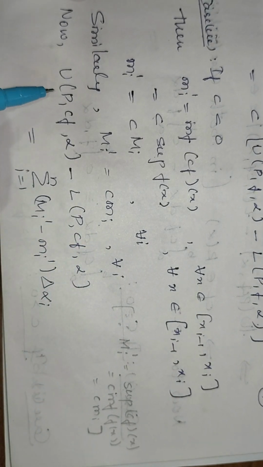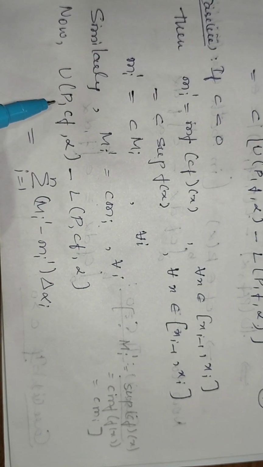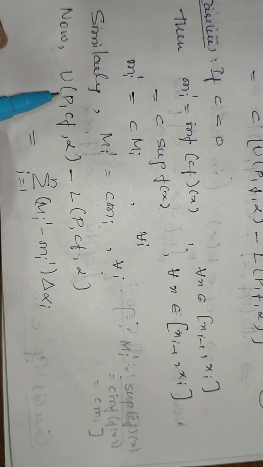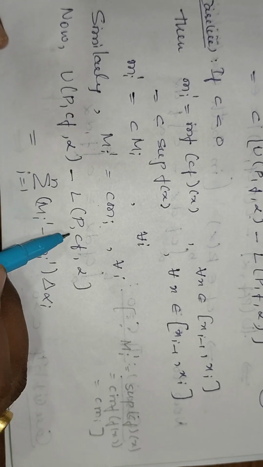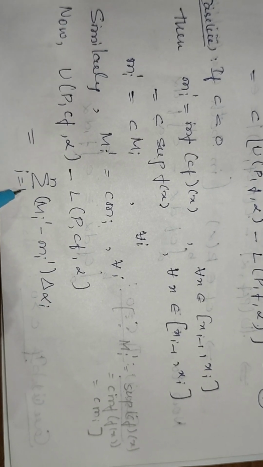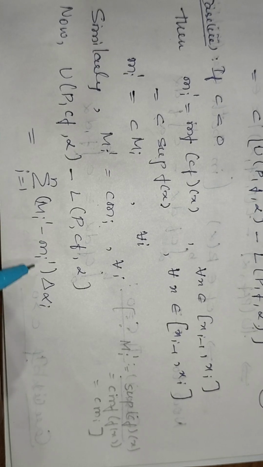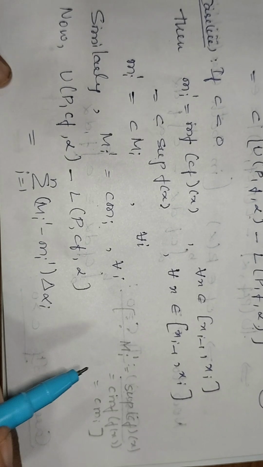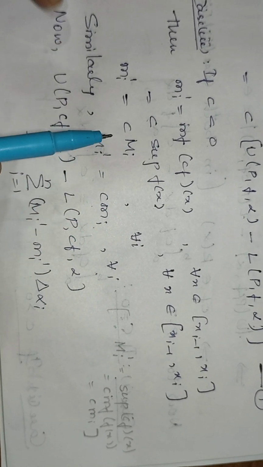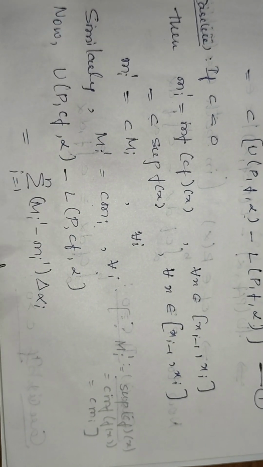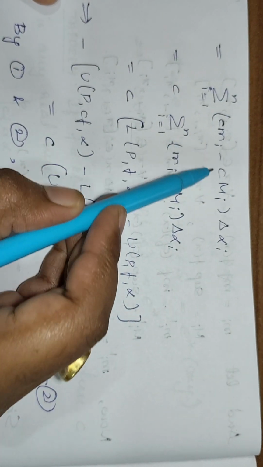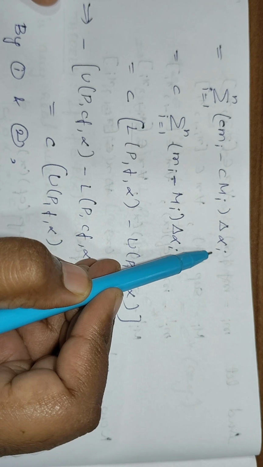Now if I take the difference between the upper sum and lower sum of cf with respect to the partition P, I have U(P, cf, alpha) minus L(P, cf, alpha) is equal to summation i equal to 1 to n of (Mi dash minus small mi dash) delta alpha i. And using the values of capital Mi dash and small mi dash, I have summation i equal to 1 to n of (c mi minus c capital Mi) delta alpha i.